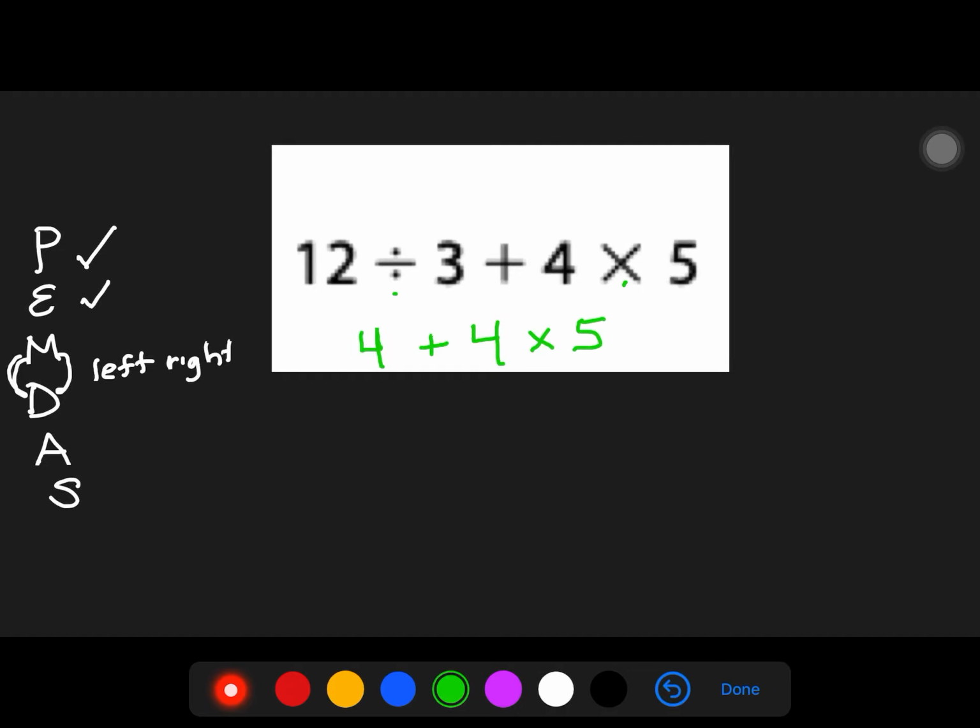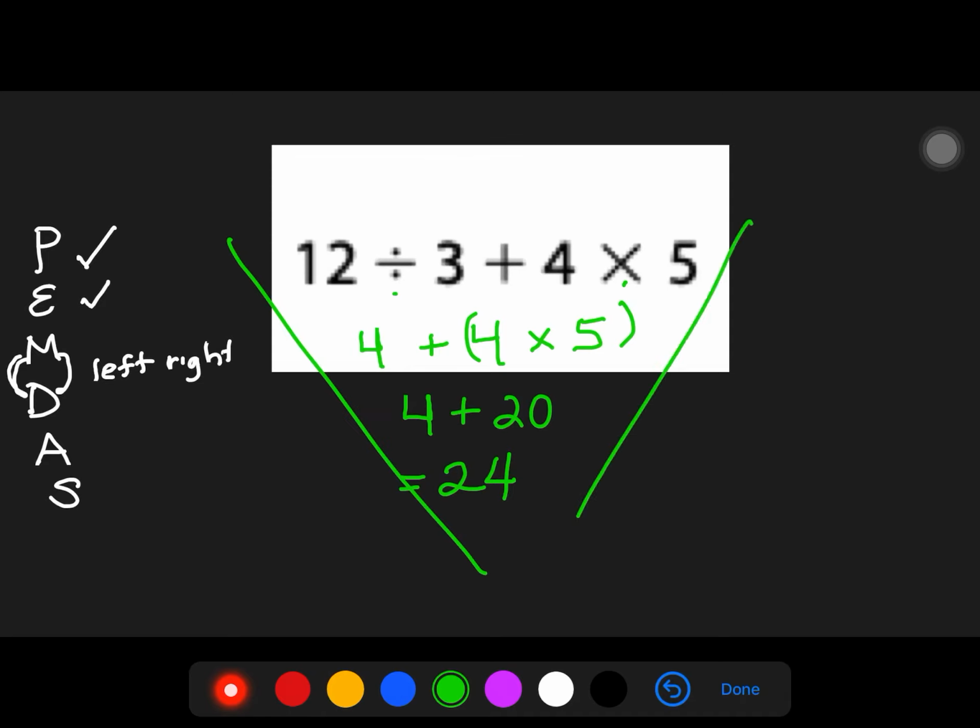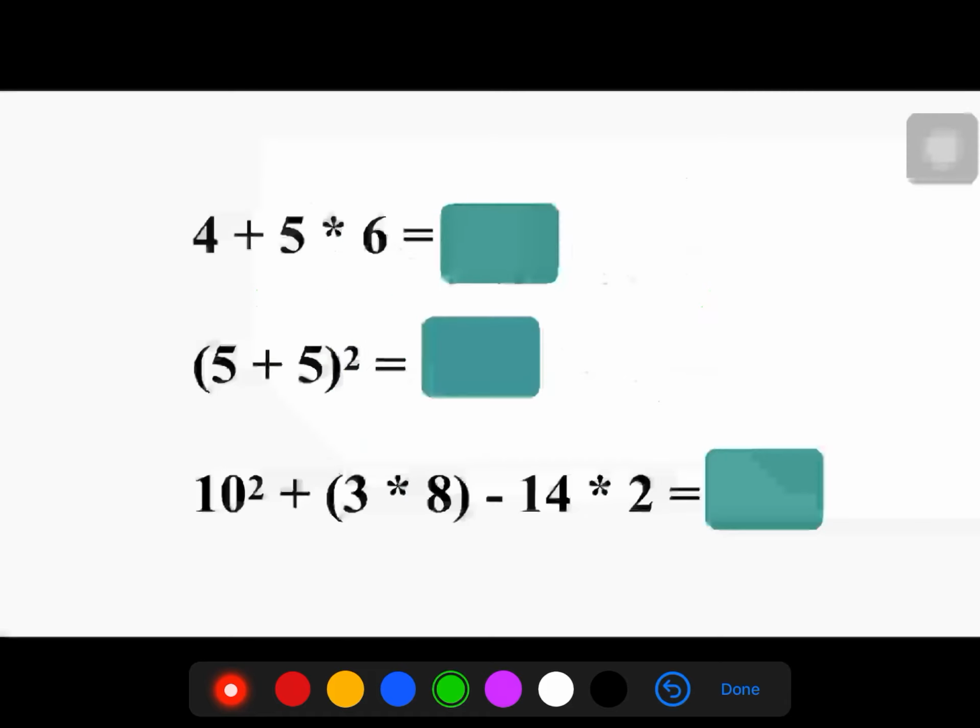So now I've divided, I still need to multiply. This becomes 4 plus, now I multiplied that there, 20. Okay, 4 plus 20, there's only one operation left, it's addition, and then I solve it. The whole problem equals 24, and that's why I call it pizza, because it looks like it could be a piece of pizza. Once again, food and math. Okay, so you try this one. Please remember PEMDAS.